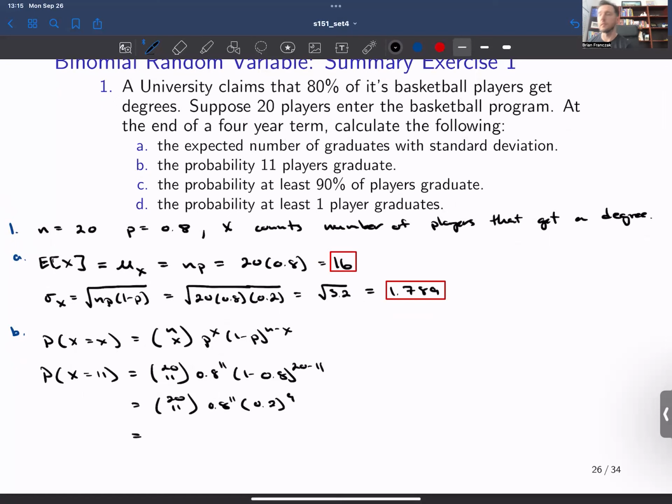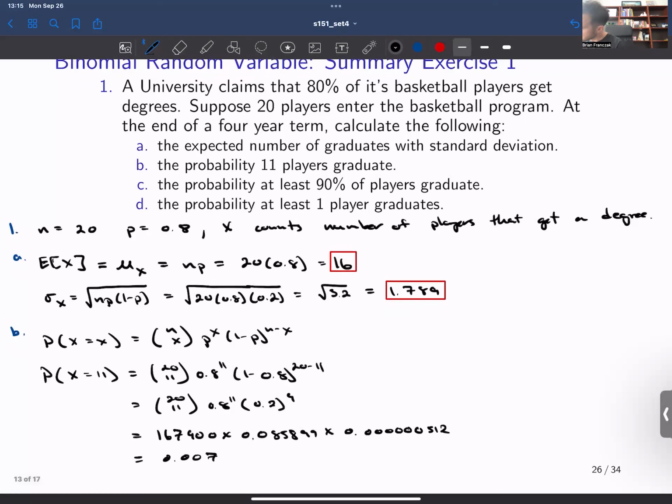This is 167,900 multiplied by 0.085899 multiplied by 0.123456512, which is equal to 0.007.